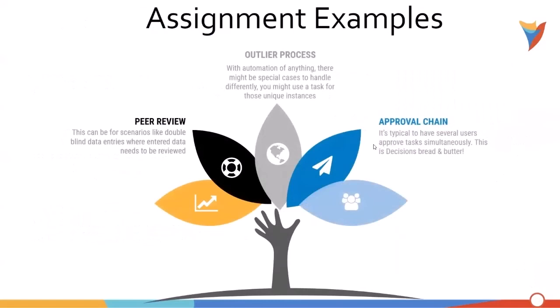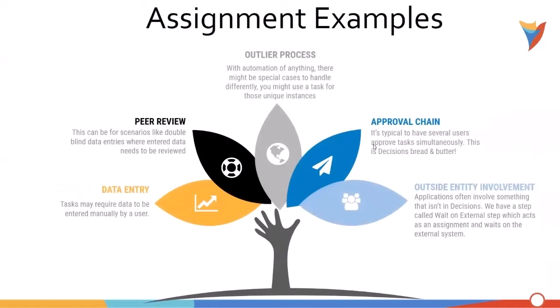So there are a few examples of assignments. You can have your data entry, which is what I'm going to do. You can have an approval chain where it goes from the submitter to say a lead, to a manager, to a director. And you can also use it for peer-reviewed studies.